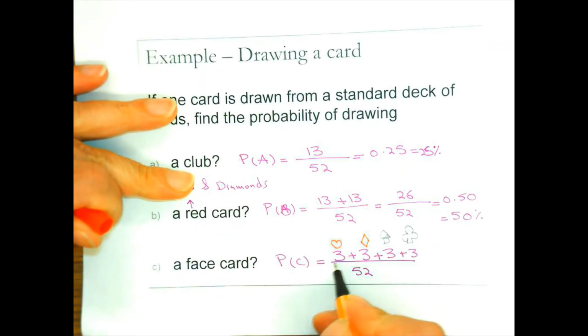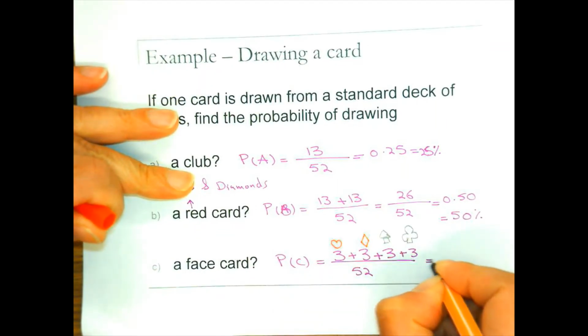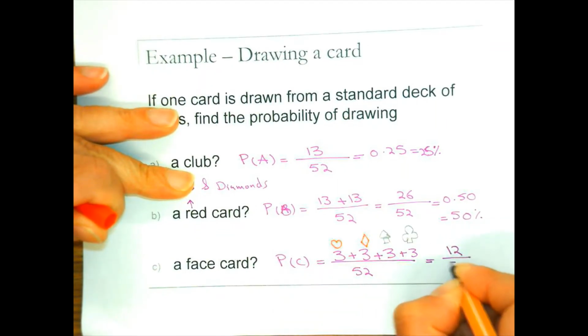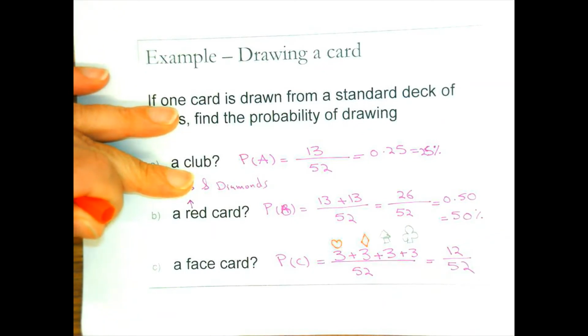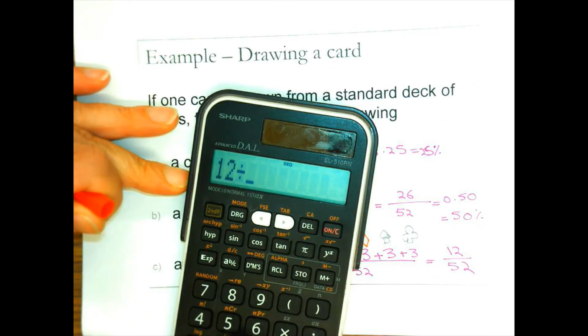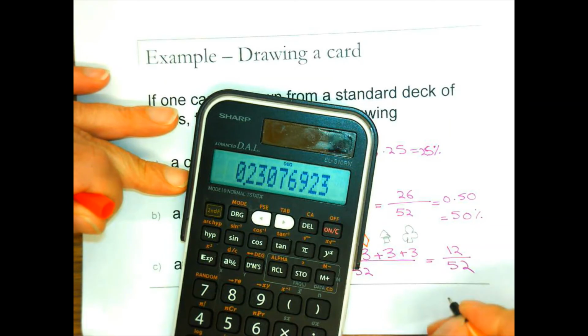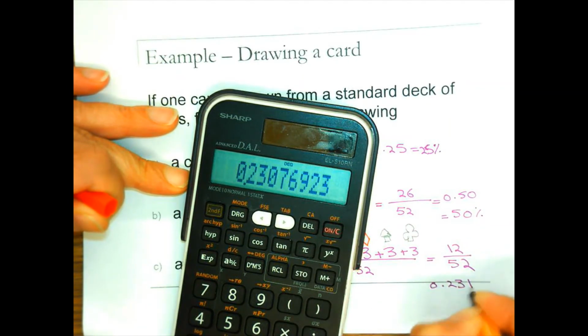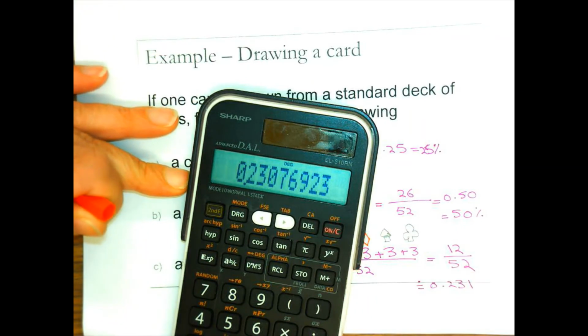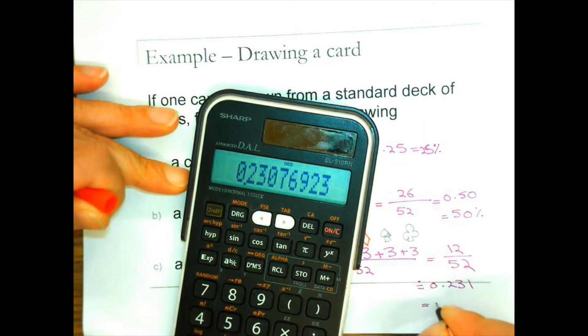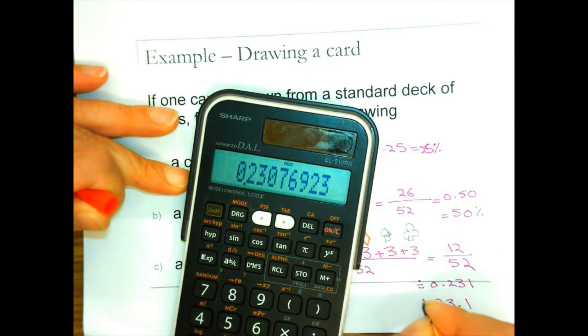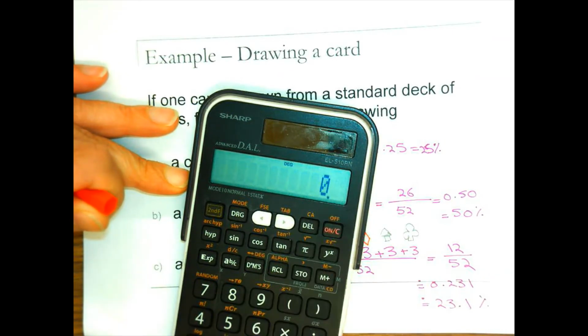So in total we have 12 face cards. So it's going to be 12 divided by 52, which is 0.231 approximately, which is 23.1%.